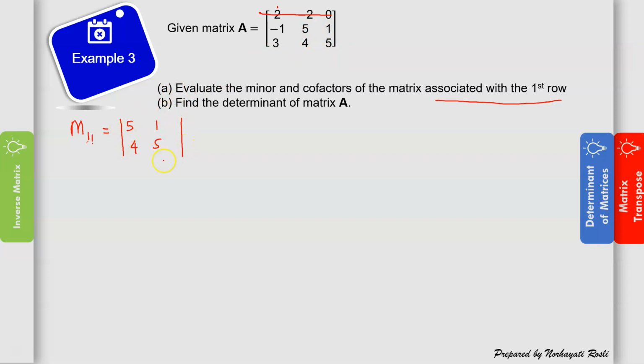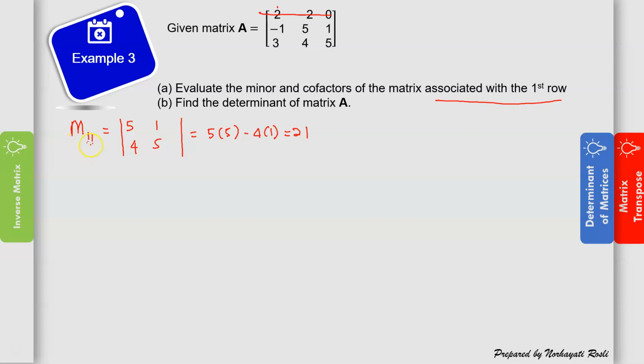So we compute the determinant of this 2 by 2 matrix. That means, class, we have 5 times 5 minus 4 times 1. So we got the answer 21 for the first minor.